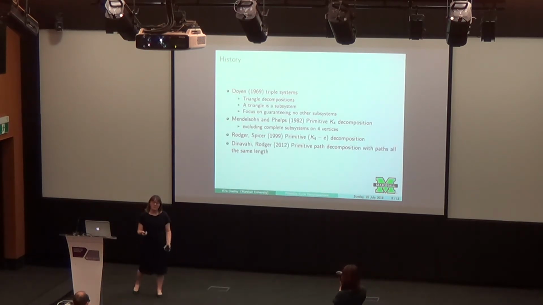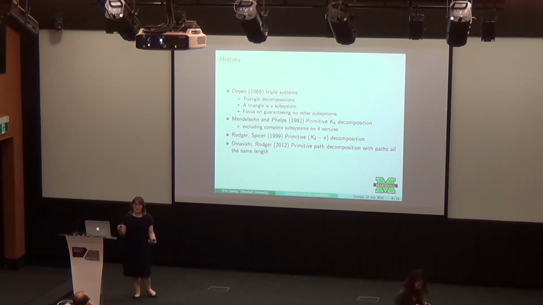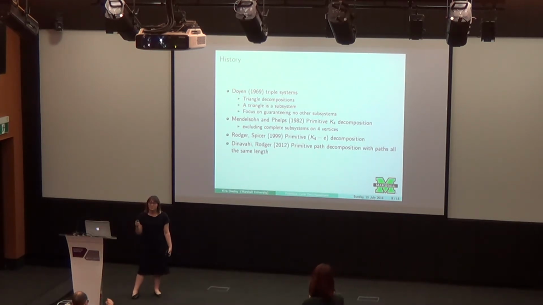So primitive decompositions have been studied for quite a while. In 1969, Joanne studied triple systems, which is just decomposing a graph into triangles. Actually, the triples on their own, the triangle decompositions, are technically a subsystem because they are an induced graph on those three vertices.